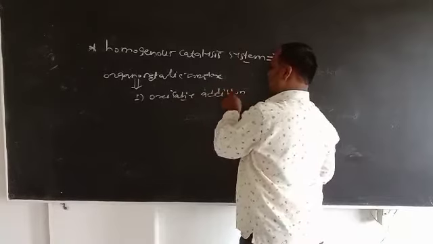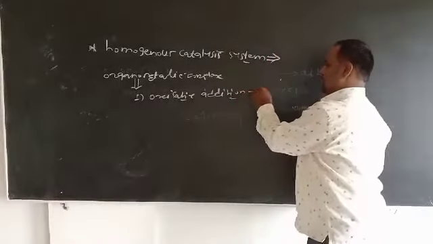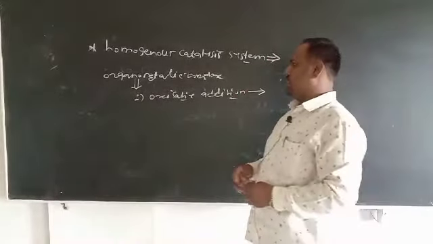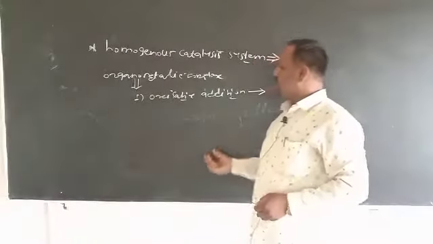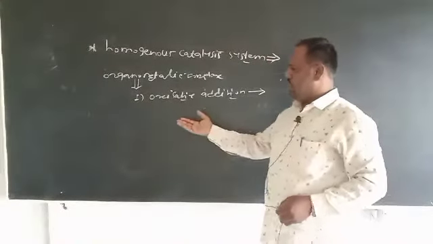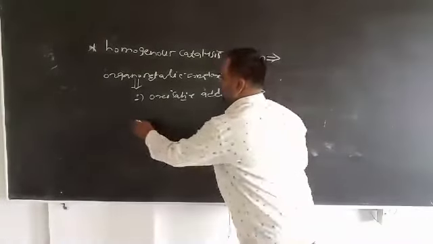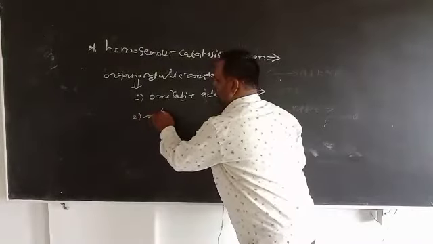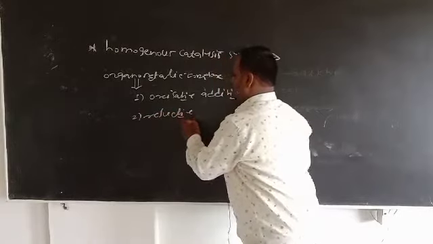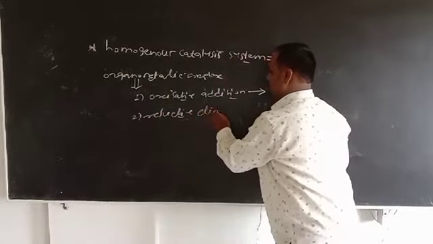In oxidative addition, the oxidation state and the coordination number increase by 2 units, and a 16 electron species is converted into an 18 electron species. Second, reductive elimination.